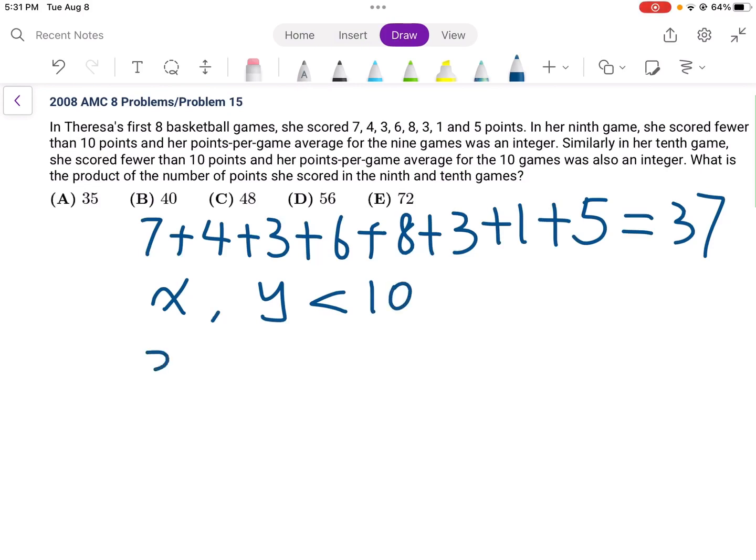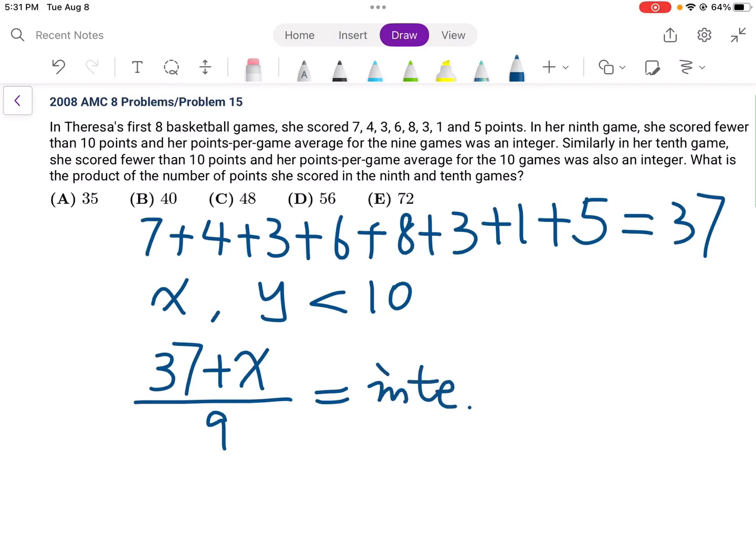So 37 plus X is divisible by 9. We know that X is smaller than 10, so the only choice for X is 8.